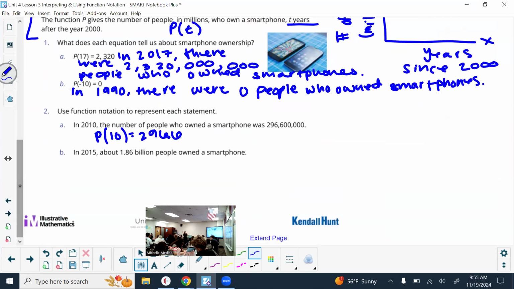All right, table 7. In 2015, about 1.86 billion people own a smartphone. How would you write that in function notation?